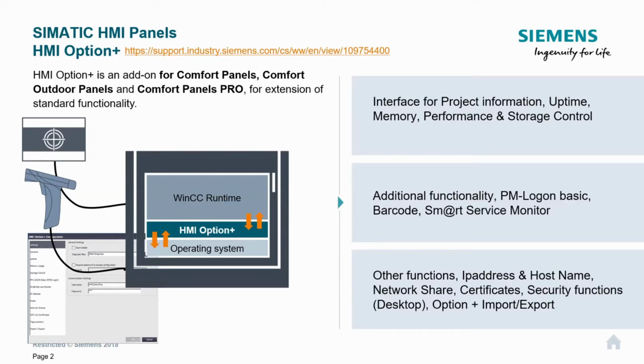So maybe you don't want the operator to be able to do certain functions and that sort of thing. So we can remove certain icons, certain functionality that they can do. So a great addition. If you want to find out more about HMI Option Plus, you can see the web link there at the top, where you can, of course, download it and get ordering information and all that sort of stuff.